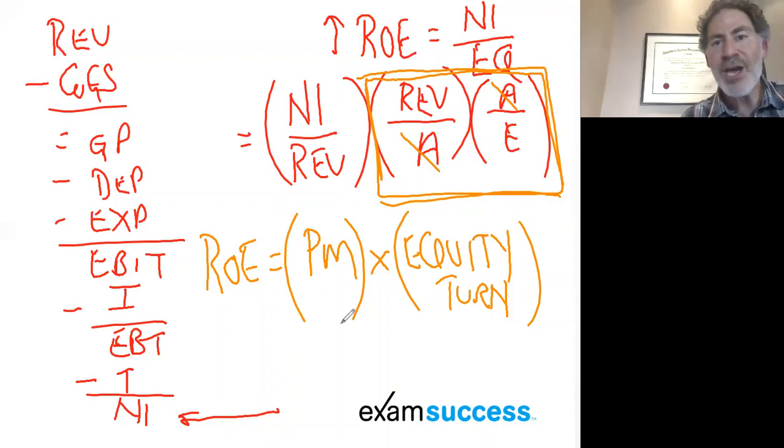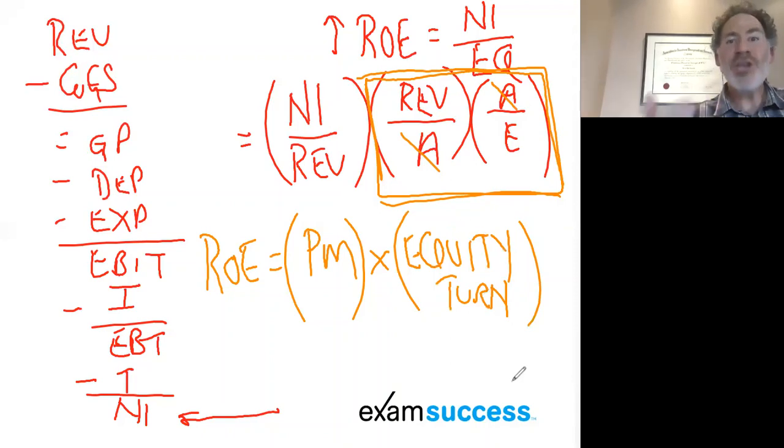Okay, there it is. So we know what the asset turnover is, revenue over assets, that's a turnover. So when revenue is over some accounting term, it's generally referred to as a turnover. So the equity turnover, I think you should know this.